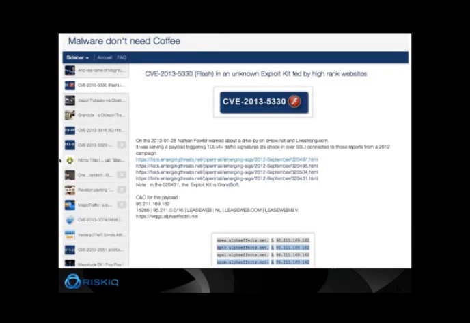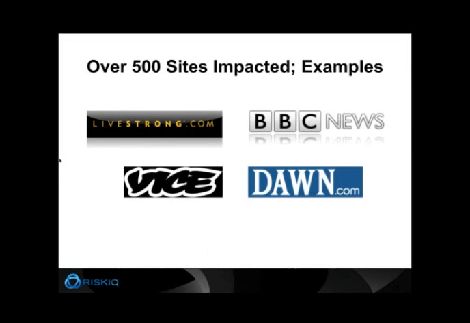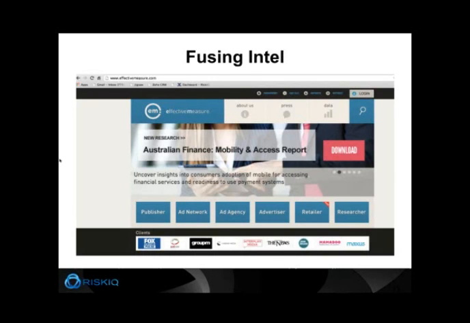And we looked into this, again, from the consumer's perspective of what this attack looked like. We started to see a trend, and the trend that we noticed across roughly 500 different websites, big sites like BBC, Vice Magazine, and many others, actually MSN, Yahoo, many other major sites, was that the one thing that they shared in common was an analytics widget, and we used that information to figure out what went wrong here.